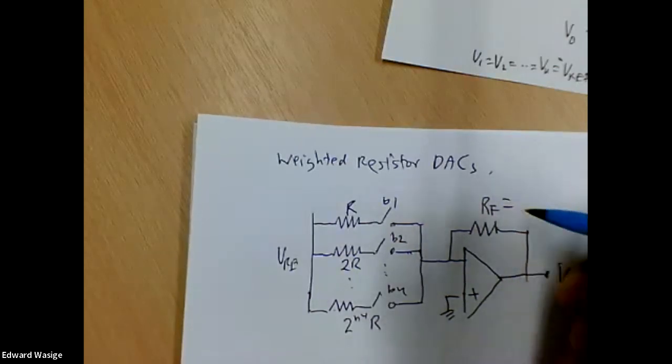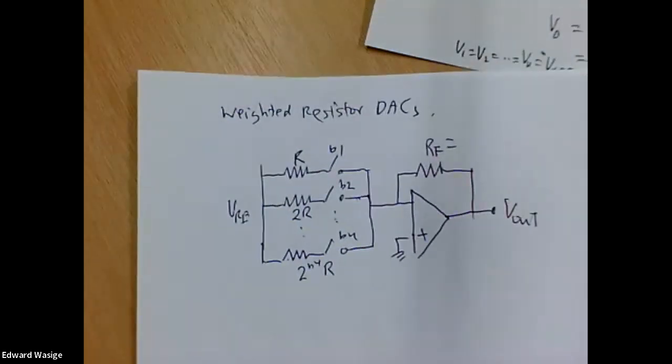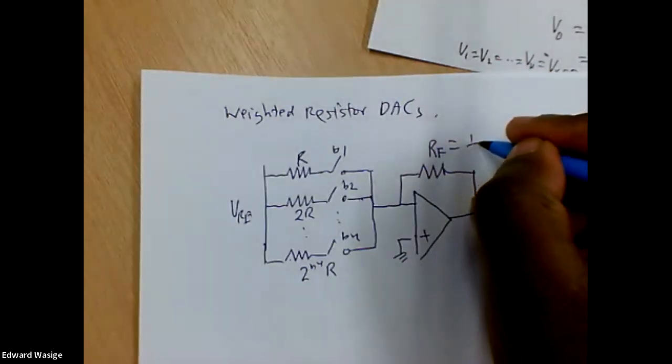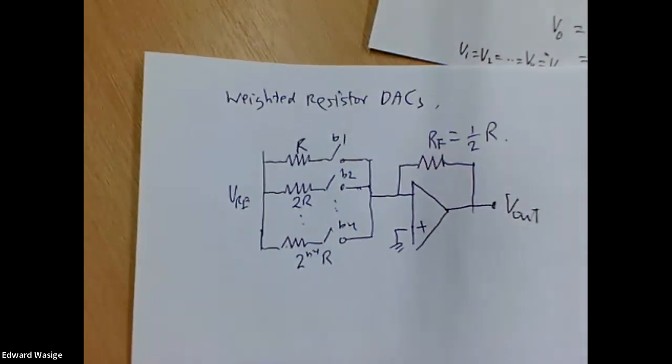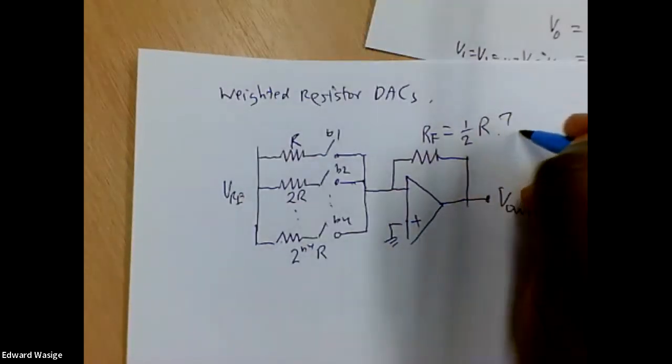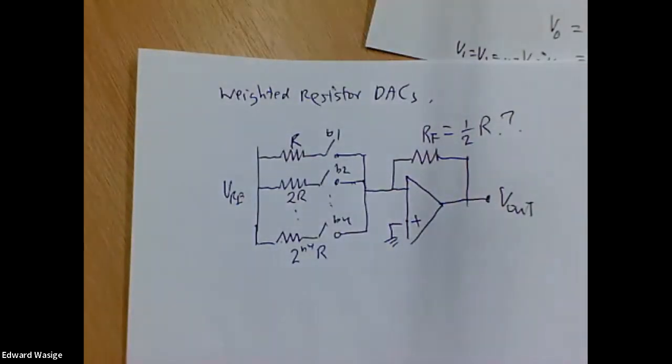So RF in terms of R, how must we pick that to be? RF must be equal to half R? Yes or no? Someone confirm to me in the chat.